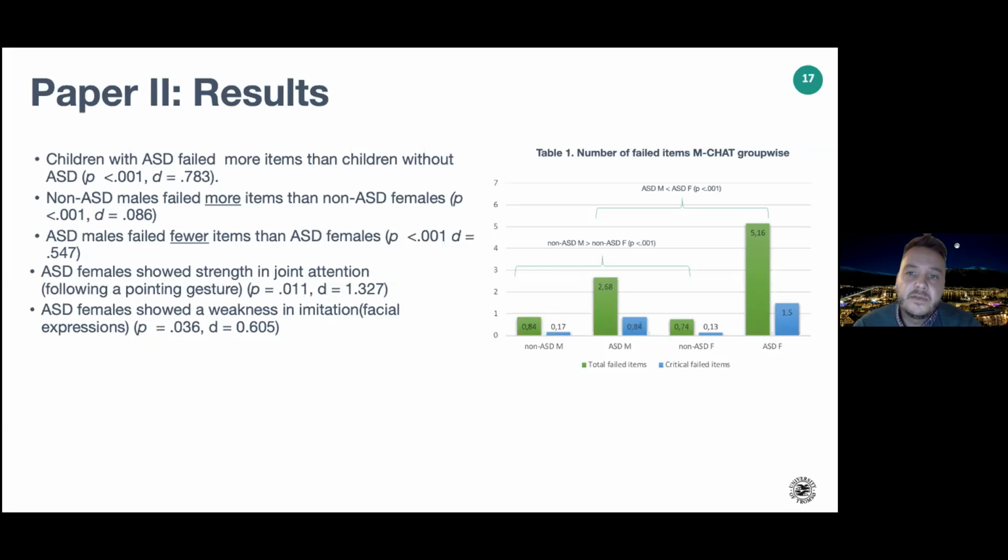But that item on the MChat is not a very complicated imitation. It's a response to the smiling, or if they imitate your smiling towards them. So we found some small evidence of there being sex differences already at 18 months comparing boys and girls with ASD. But what's important, I think, to draw out is that females showed some strength in this joint attention. It's following a pointing gesture.